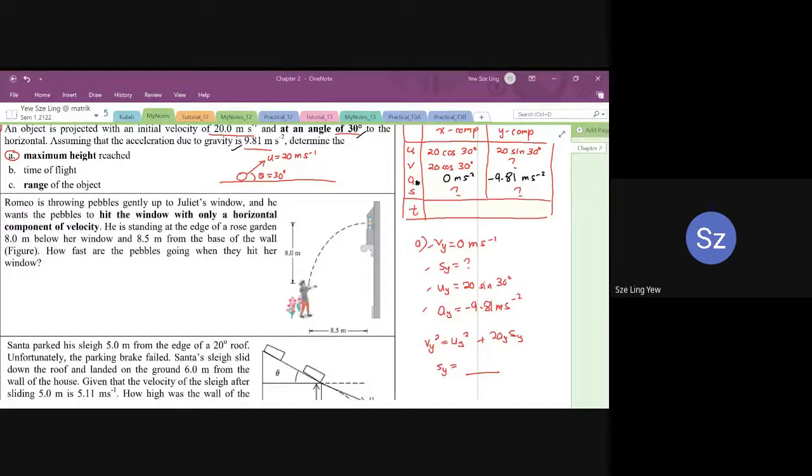Okay, you can type in the chat message, so that I know what is the value. Okay, so who has the value?